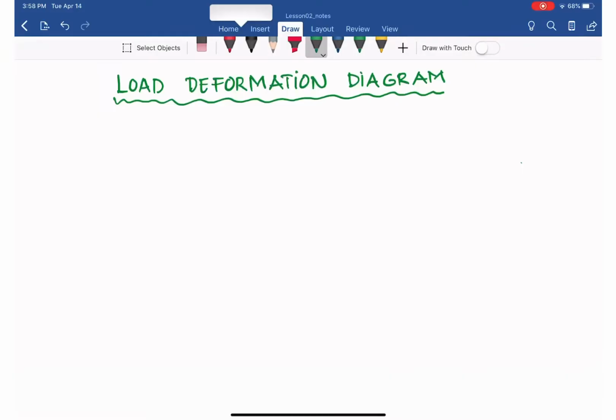So that is the demonstration for the load and deformation relationship with the two yellow and blue rubber bands. Now I can draw the diagram to show that relationship.